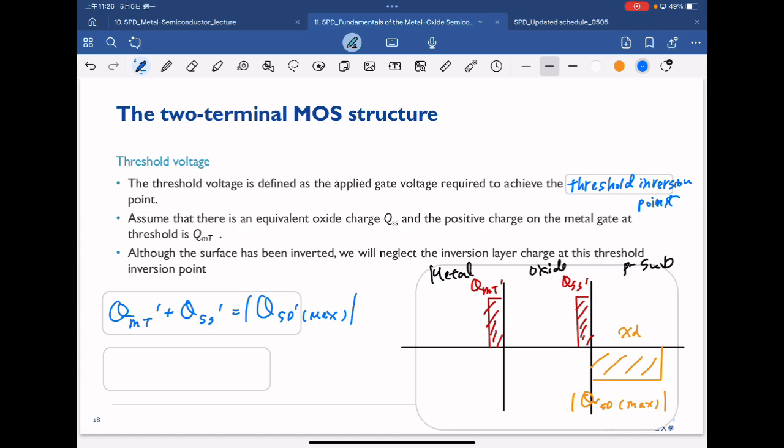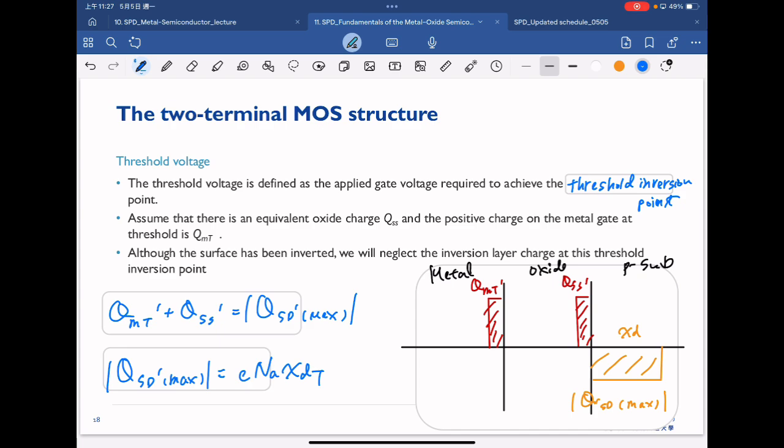And we also already knew that the Q_SD prime at the maximum depletion width is equal to this, because now we are trying to look at the boundary between the depletion and the inversion.